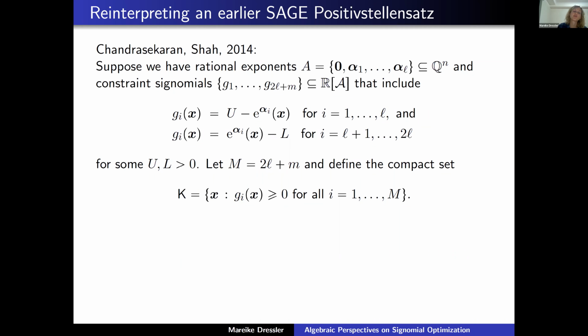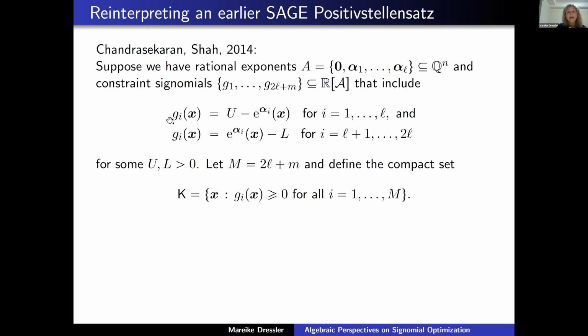So suppose we have a support set A, and they are rational exponents. So we have a rational support set. Again, the 0 is contained in the support, and we have some constraining Signomials that specifically include this kind of Signomials, and this is because we look at this compact set K, where this is the solution set X, where every constraining Signomial is non-negative.